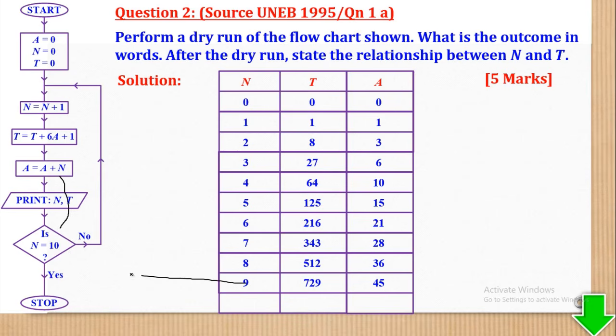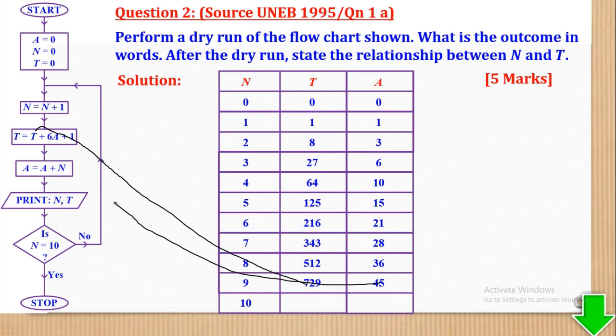So this value of N gives you an answer of no, so no means that you increment by 1. When I increment, I'll come up with 10. And after that, I remember that T is 729 and A is 45. Therefore, 729 plus 6 times 45 plus 1 will give you 1000.